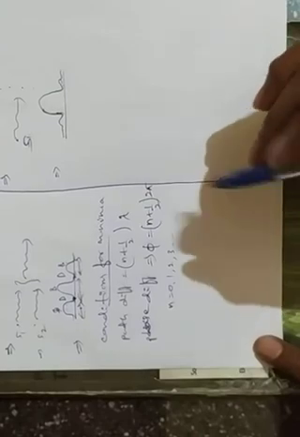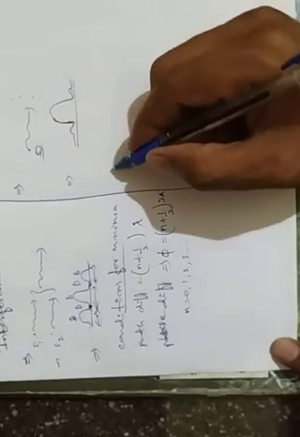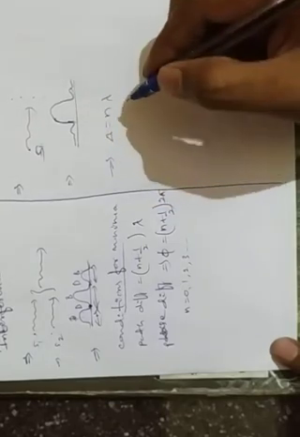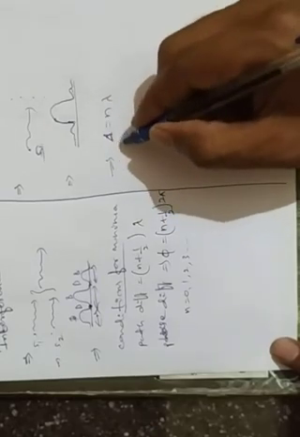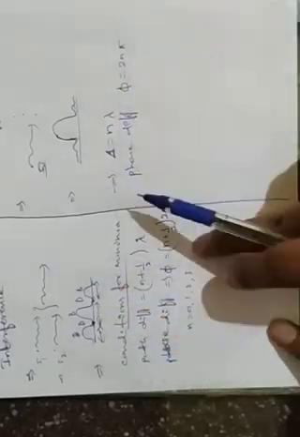In the same way, the condition for maxima in case of interference is delta equal to n lambda, the integral multiple of lambda. Delta indicates the path difference, and the phase difference is pi equal to 2n pi, an even multiple of pi.